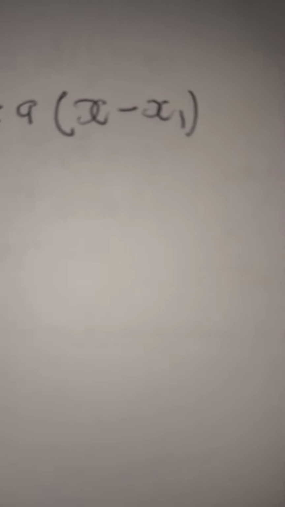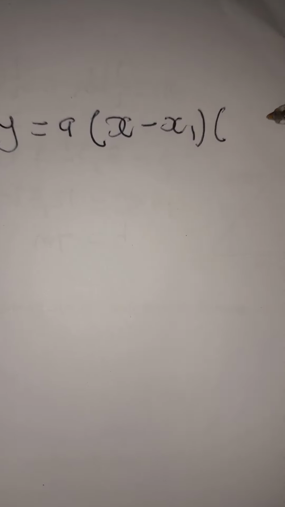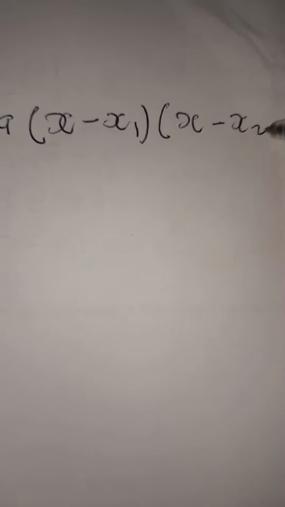As I've stated, we are at question 8. All right, let's put this into practice. So we are going to use this type of formula given two x-intercepts. We're going to say y equals a times (x minus x1) times (x minus x2).